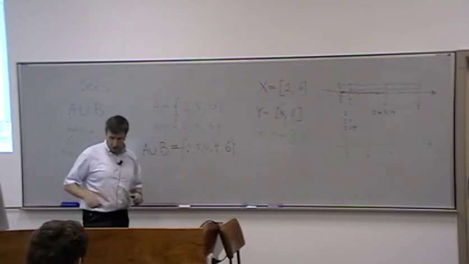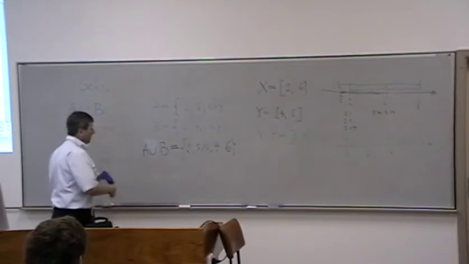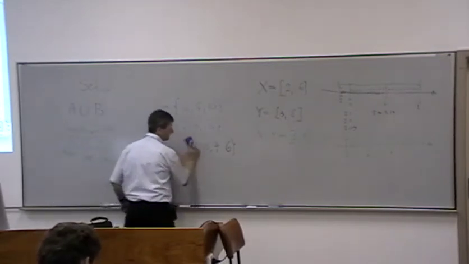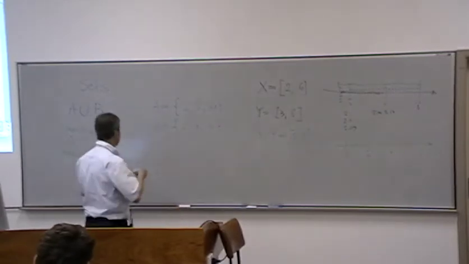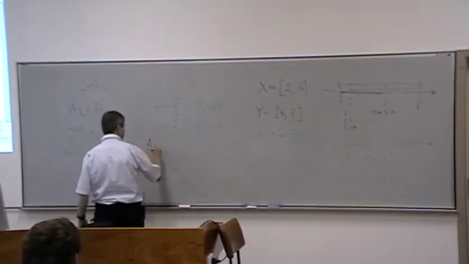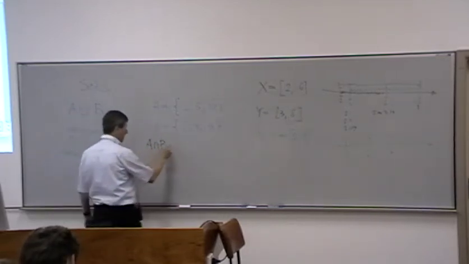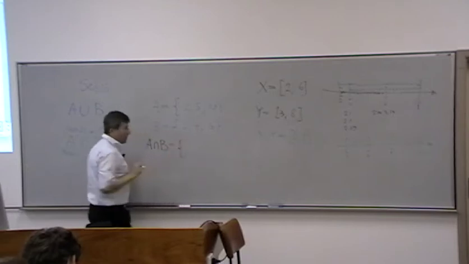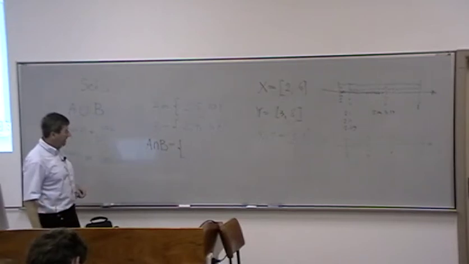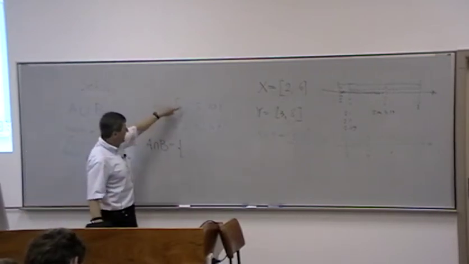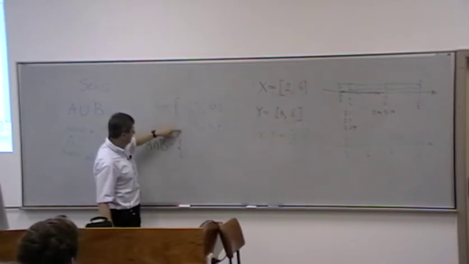So going back to our listed sets here, the intersection of A intersected with B. A way to do it is the following. We are looking for all elements which are elements of A and B at the same time.